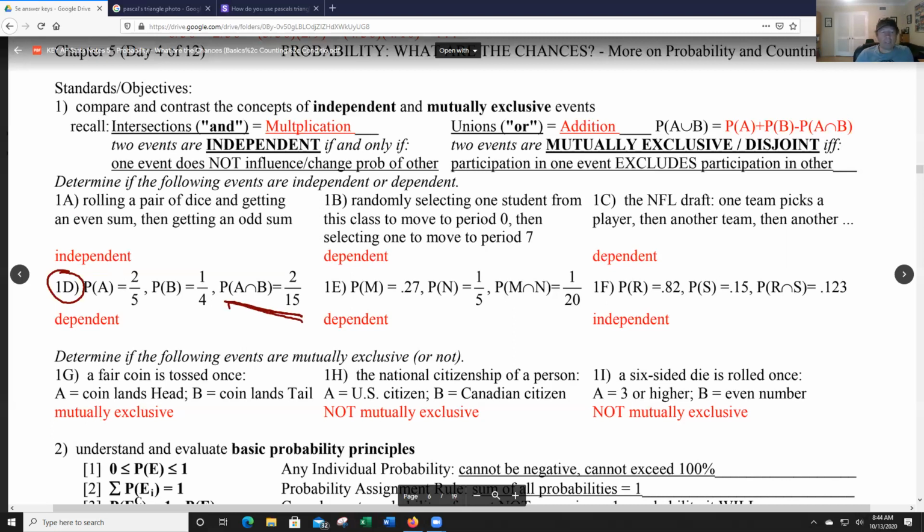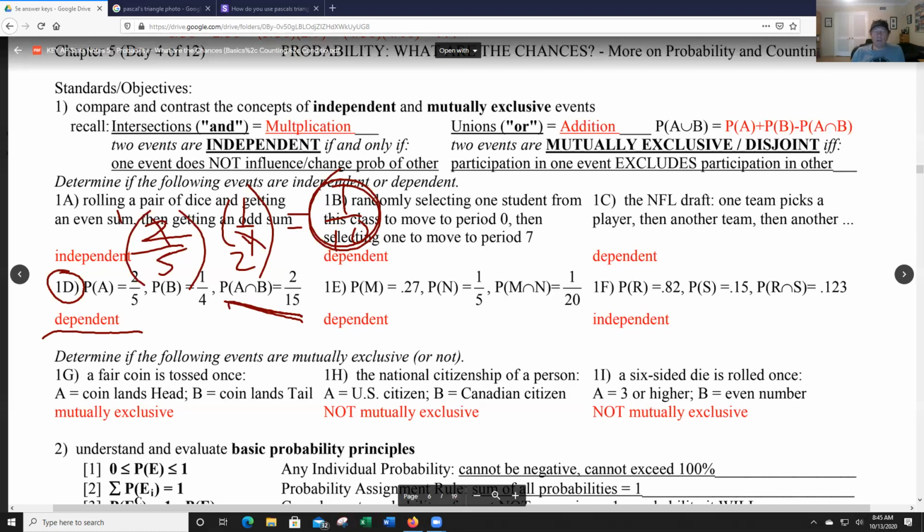To see if they are independent, I'm just going to multiply 2/5 times 1/4, and that equals, canceling here, 1/10. But we're told it's actually 2/15. So there is some dependence here. These are considered dependent, okay?